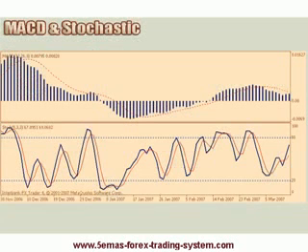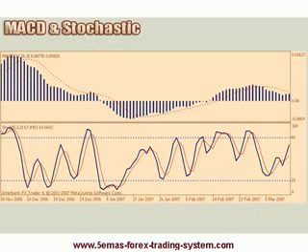The MACD indicator at the top of the screen consists of two elements: a slow-moving average represented by the dotted line and a fast-moving average represented by the histogram bars. The stochastic indicator at the bottom of the screen also consists of two elements: a slow line, shown here in blue, and a signal line, shown in red.